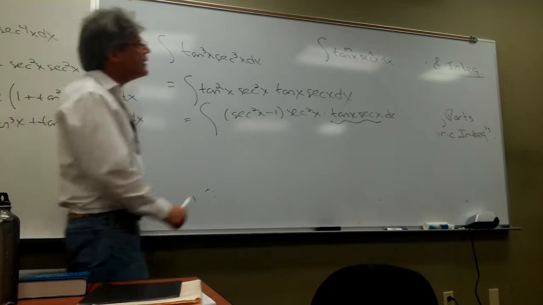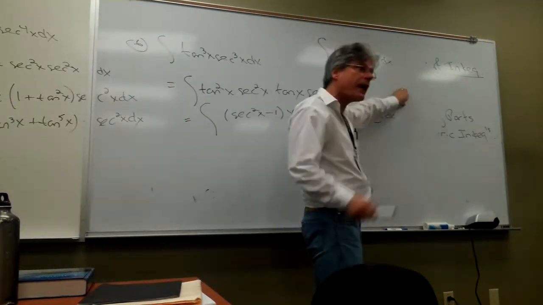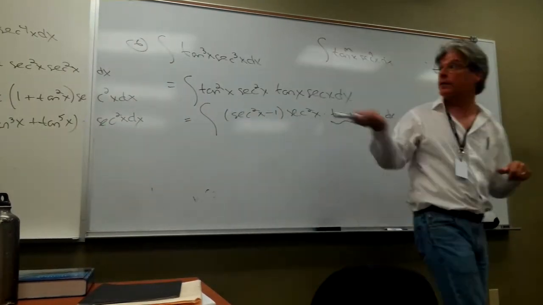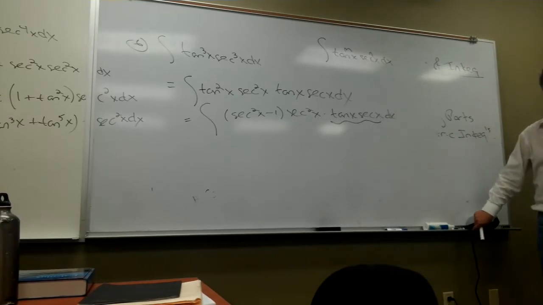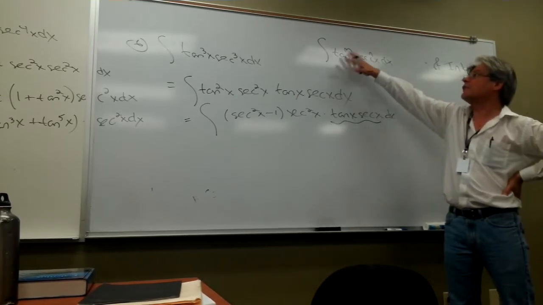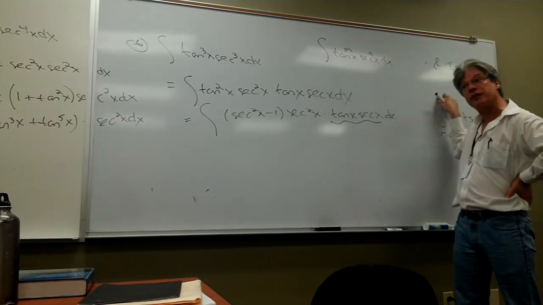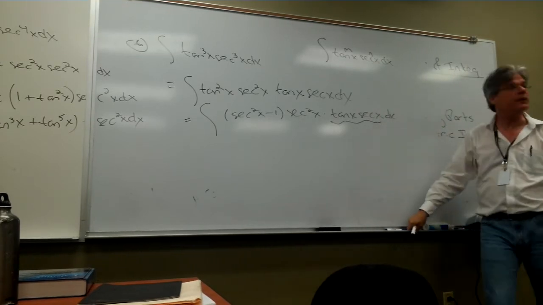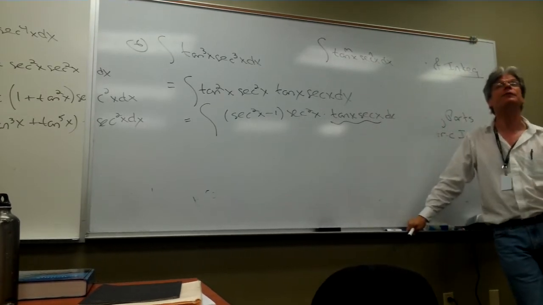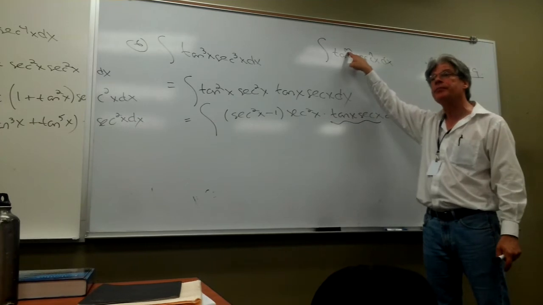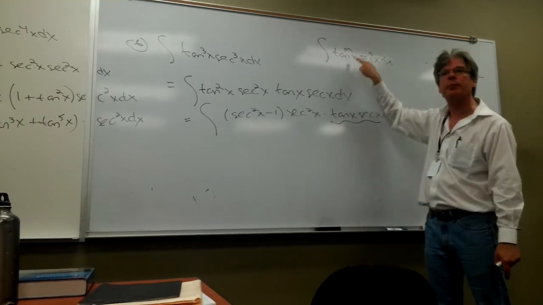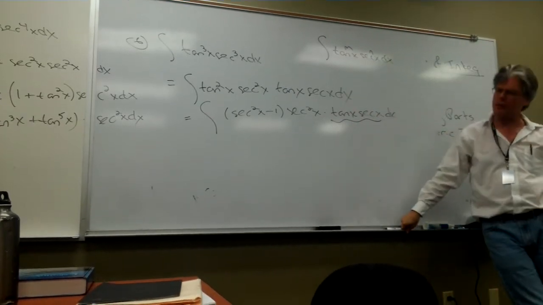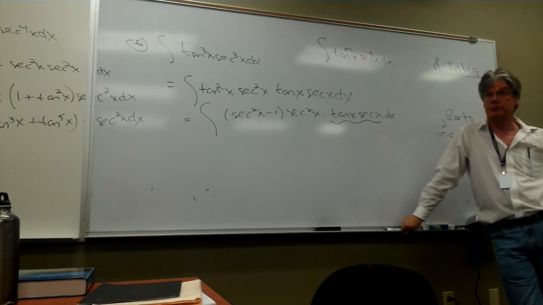When n is even, I just naturally think of saving two such factors and rewriting everything in terms of the other function, in this case tangent. If m is odd, I can shave off a single tangent and a single secant factor, and make a u sub, letting u equal secant of x. I can convert everything in terms of secants, because if that's odd, I shave one factor off, there's an even number left over, and I can use my Pythagorean identity to rewrite.